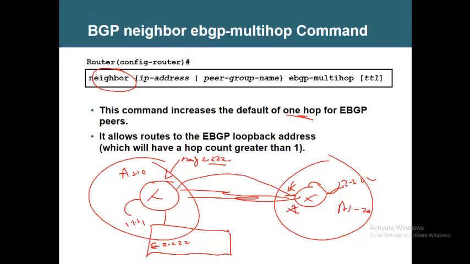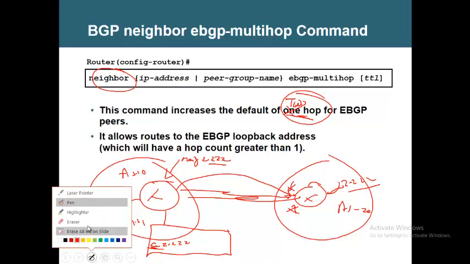So it cannot be seen as connected. Is this one hop? Of course it is one hop, but the loopback is not seen as connected. So you need to say my neighbor can be two hops away. When you say that, you are breaking the rule that EBGP needs to be directly connected.